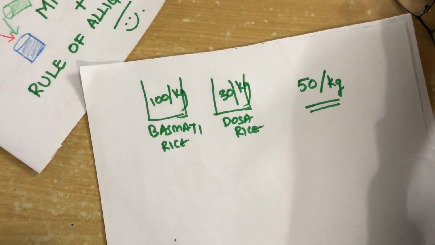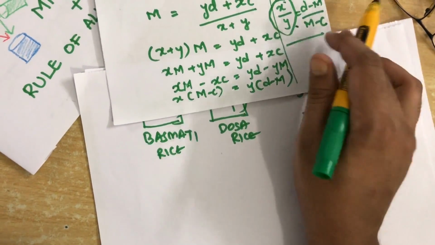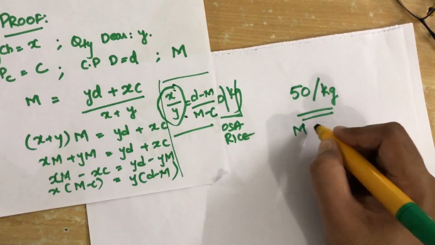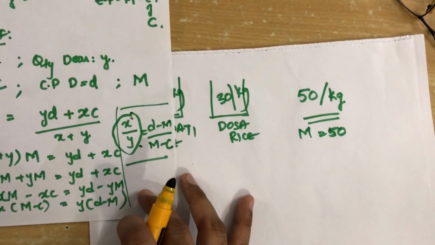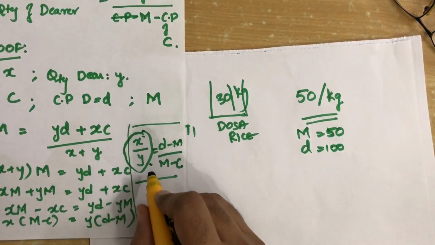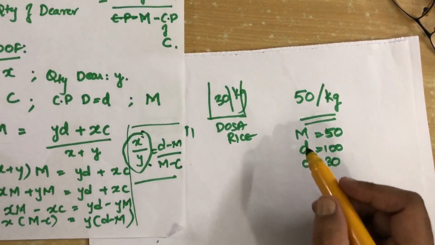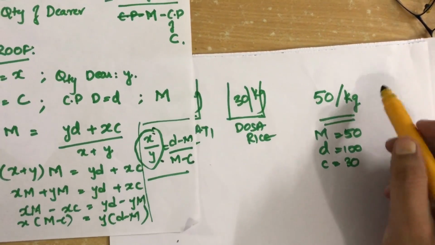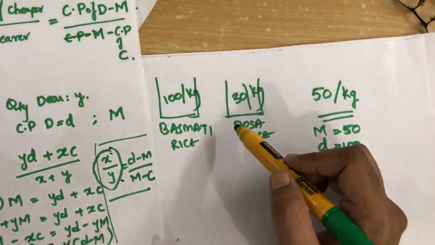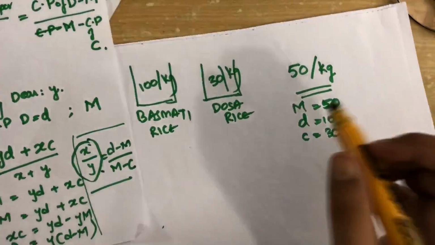So we have all the parameters that we need, right? So we have the value of M. So we have the mean price. Mean price is 50. The cost price of dearer is 100. The cost price of cheaper is 30. So now the question is, what is the ratio in which he has to mix these two so that he will be able to sell the rice at 50 per kg?